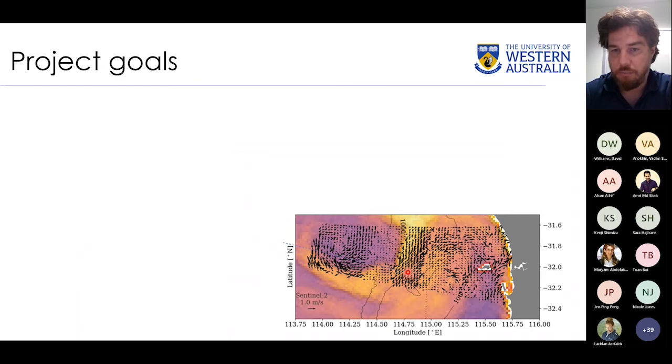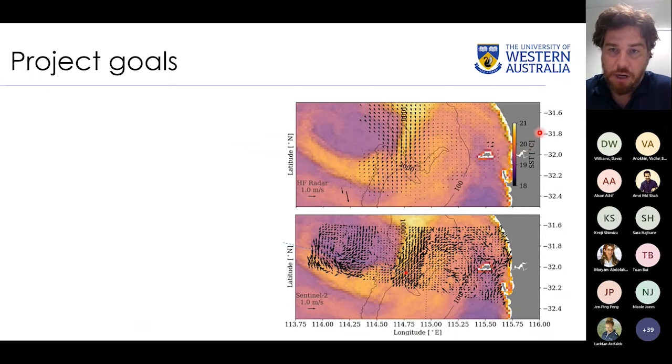So this red box is this one. But yeah, so you can start seeing the spatial variability in the currents over these 1 to 200 kilometre length scales. So again, this is sea surface temperature in the background. You can see this eddy that I showed earlier, and you're starting to pick up some of that velocity structure in that eddy.